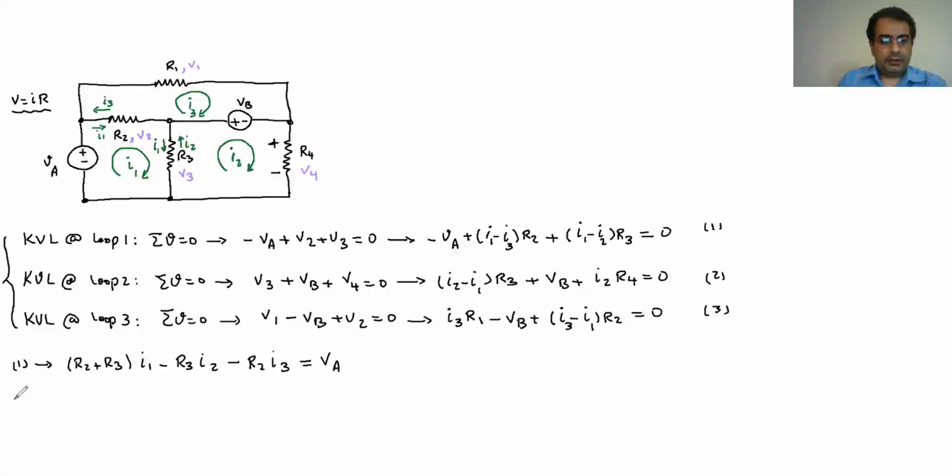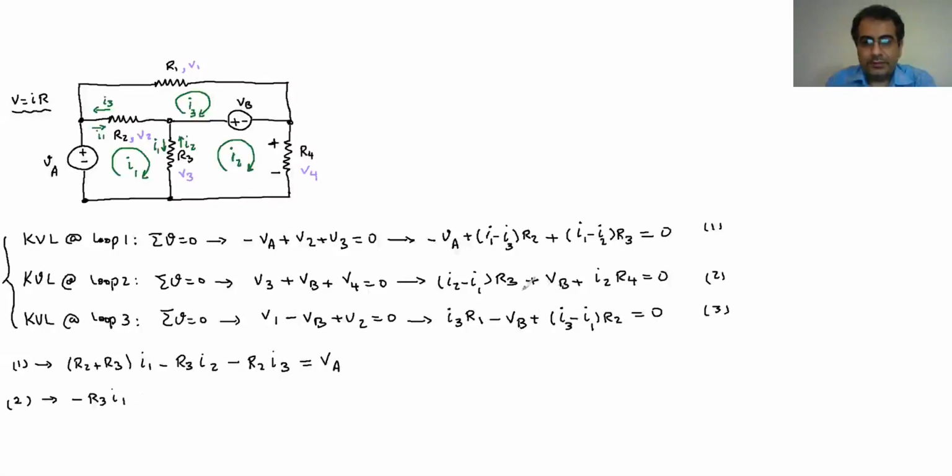Then write the second equation again as a function of I1, I2, and I3. So for the I1, I have the negative R3 I1 here.